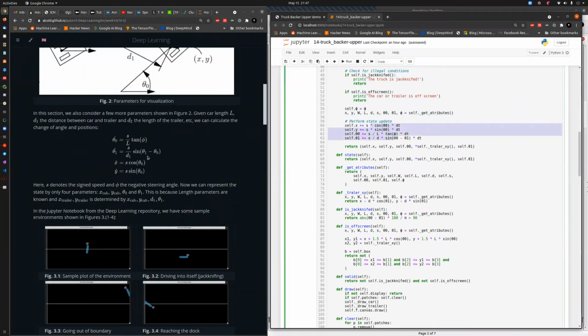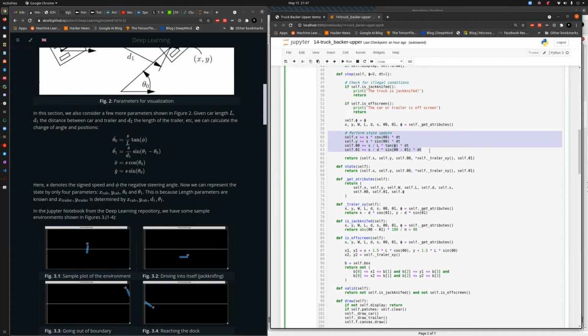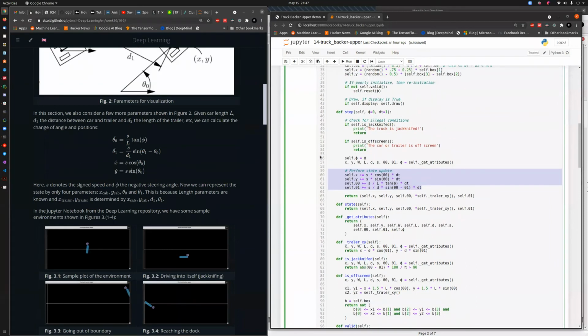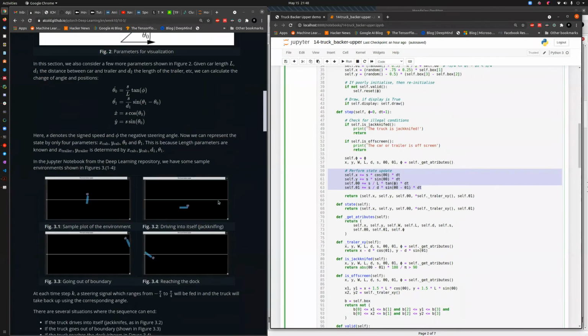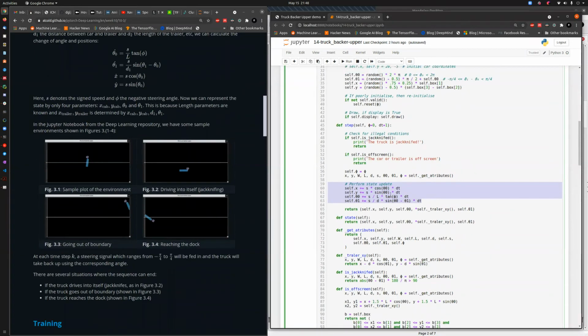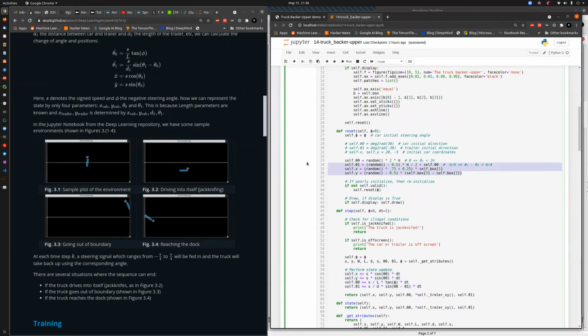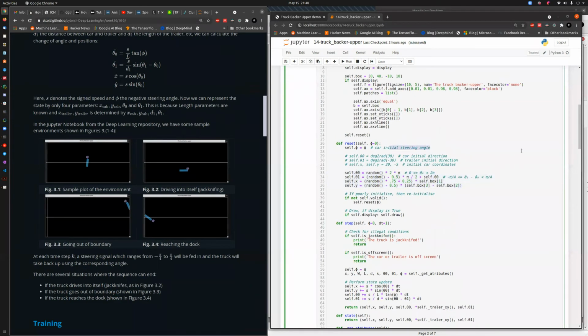As you can see, this X and Y and theta0 and theta1 are the state updates that are being performed here in the code at each step. This is the reset, which is the initial steering angle, the direction of the initial car and the initial trailers. This is randomized here.